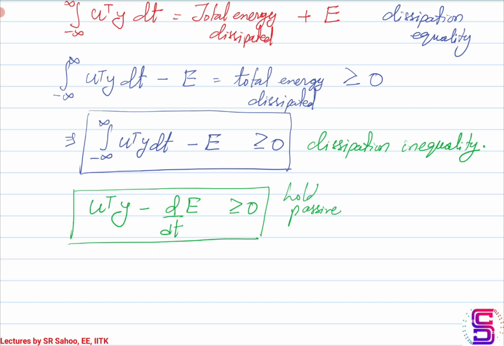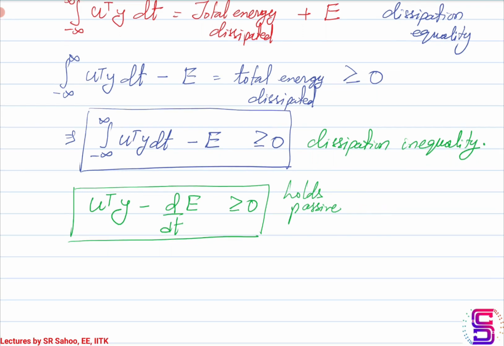So this holds for a passive system. Okay, so this is the main inequality. If there is no energy storage element, then u transpose y will be greater than or equal to 0. Okay, so this is indicating what?